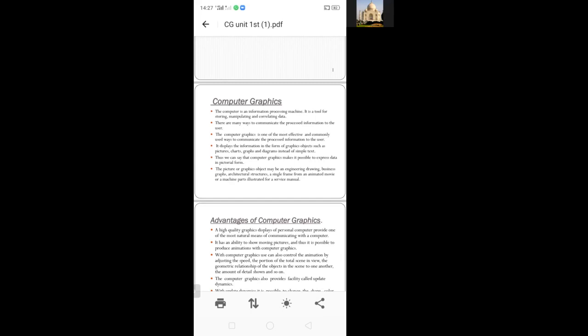Every pixel is a collection of zeros and ones, and by collecting multiple pixels we can create every picture. Anything on the display screen is nothing but pixels.